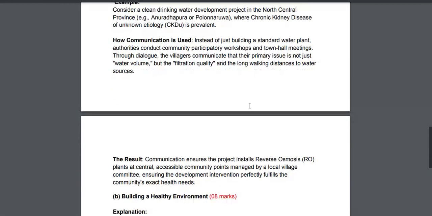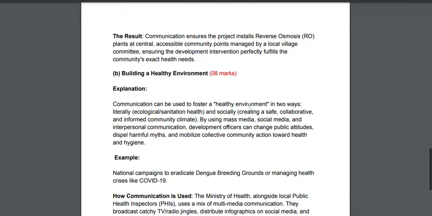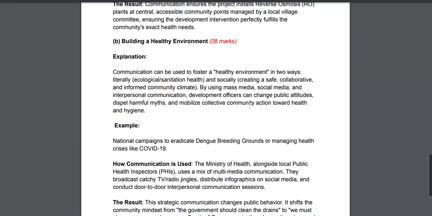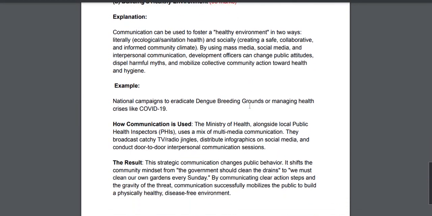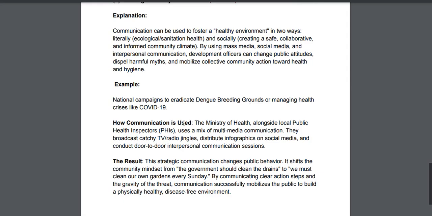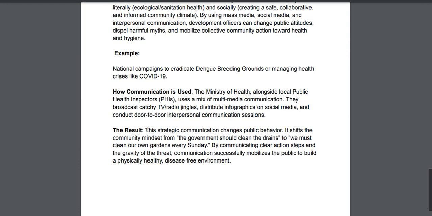Then you have the second point, that is building a healthy environment. Here also explanation is there, and also an example is there. Here you can see the COVID-19 pandemic, right, there were national campaigns. You can also use these kinds of examples when you are writing answers.